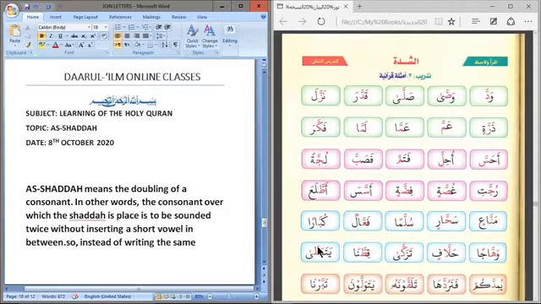In this part, we have examples from the Quran that possess letters that have shaddah. So we'll be taking them, inshallah.